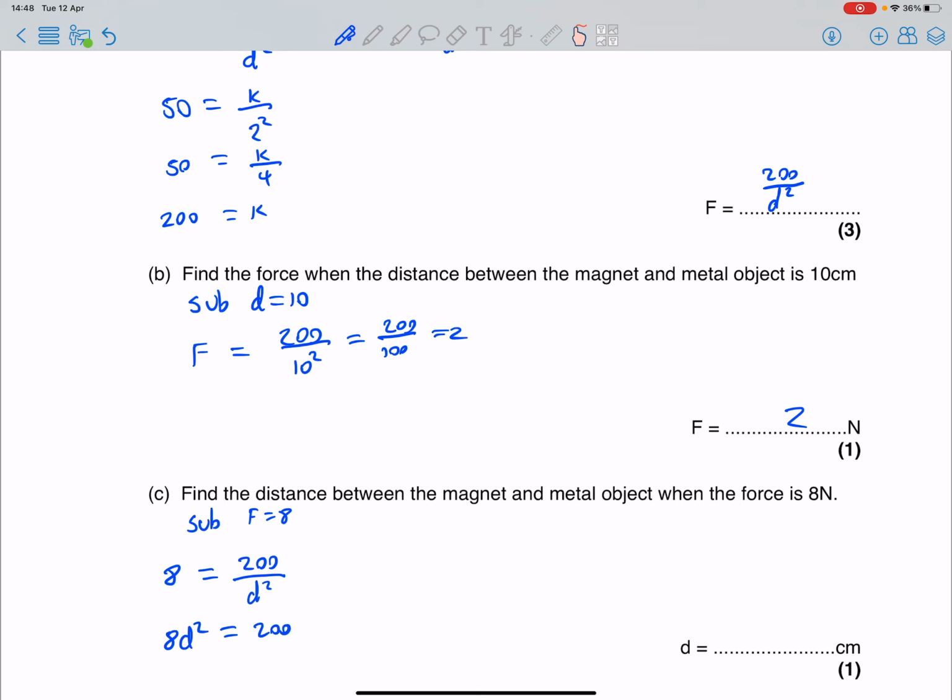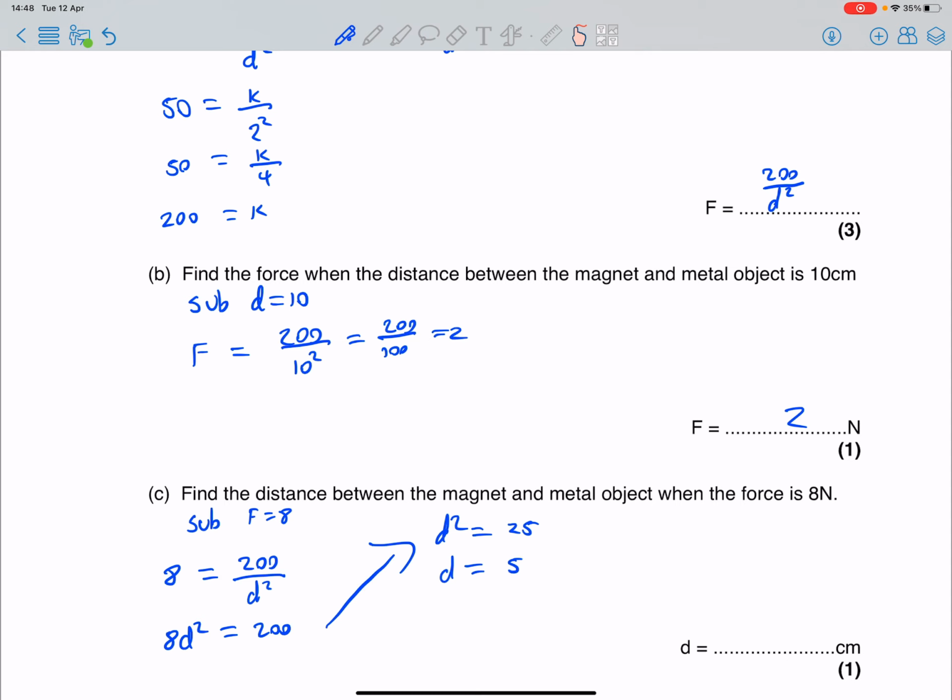Then dividing both sides by 8, I get that d squared is equal to, well, half of 200 is 100. Half it again is 50. Half it again is 25. Remember, 2 times 2 times 2 is 8. So to divide by 8, you can divide by 2, then divide by 2, then divide by 2. That's what I did. And therefore, d is going to be 5.